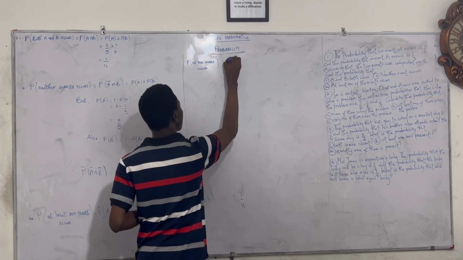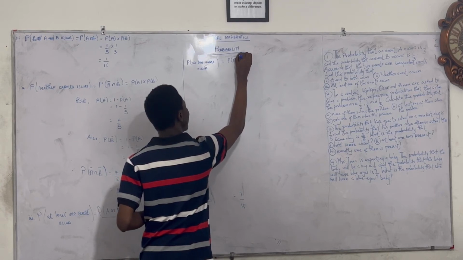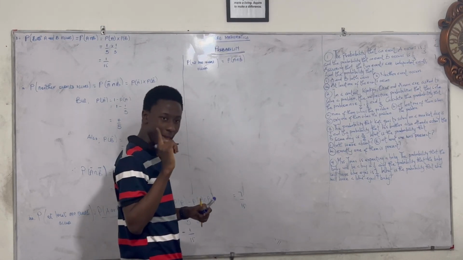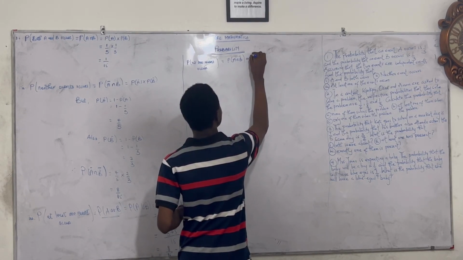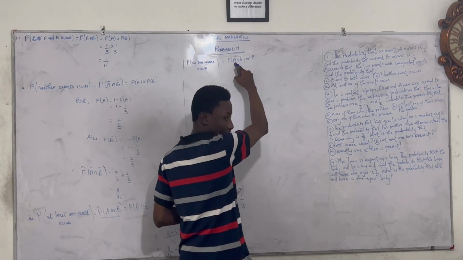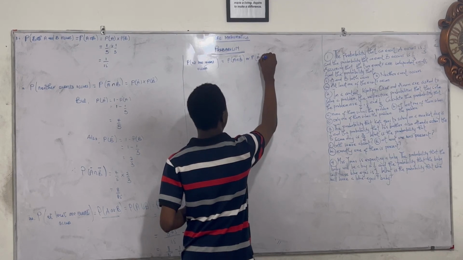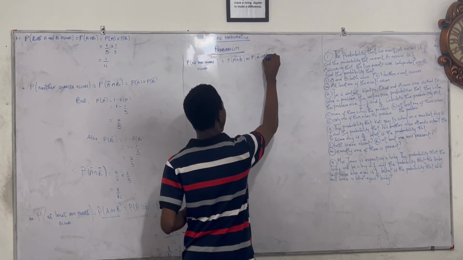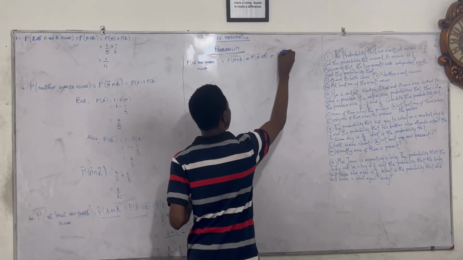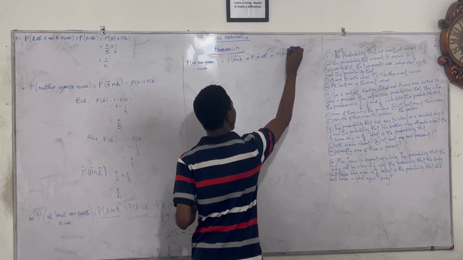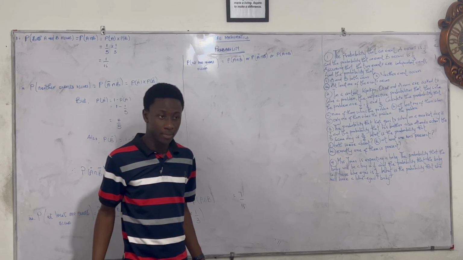It will be equal to the probability that A occurred and B doesn't occur, or the probability that A did not occur but B occurred, or the probability that both A and B occurred at the same time. At least one of the events occurred.